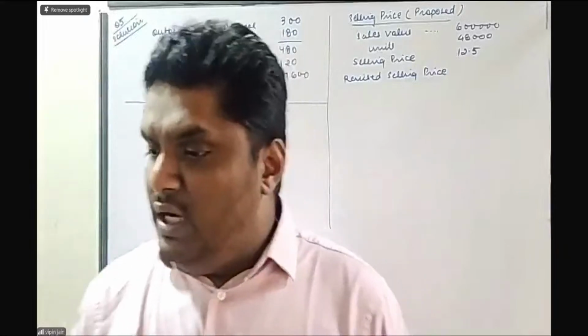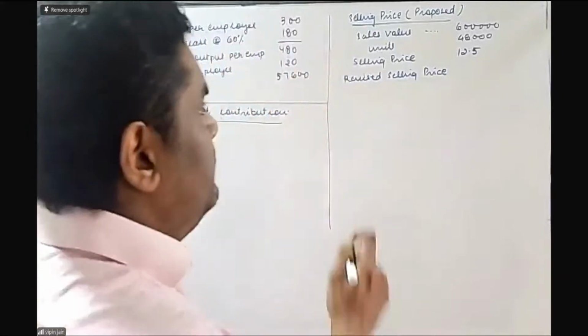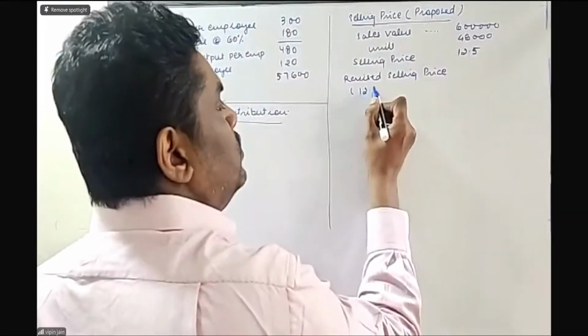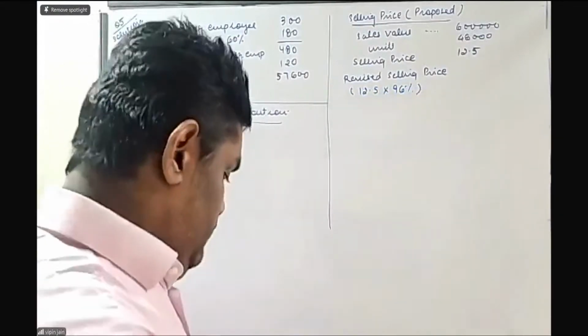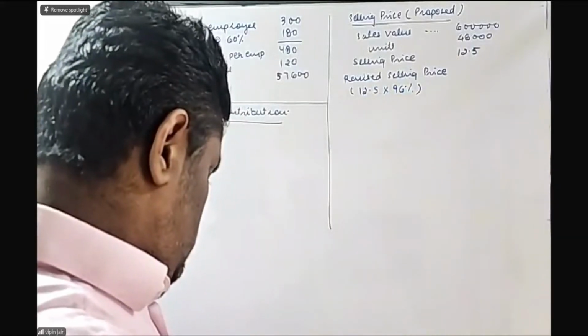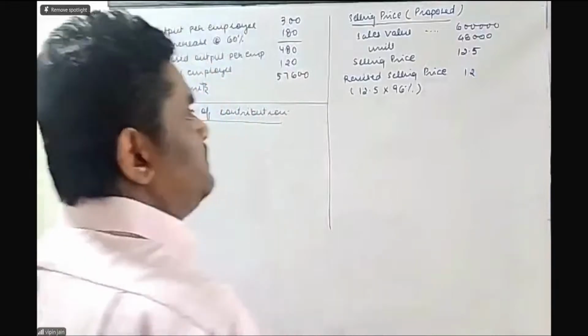It is given in the question that we need to reduce the selling price by 4%. So 12.5 into 96%. So this will be 12 rupees.